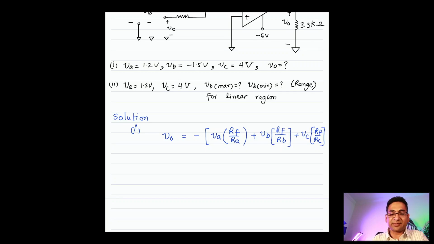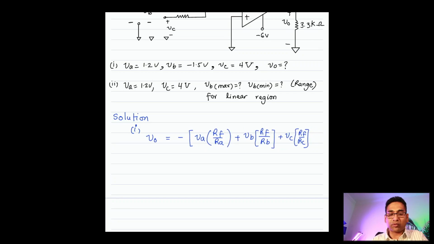That is the expression for our output voltage, VO. Now it's just a matter of plugging in the numbers.